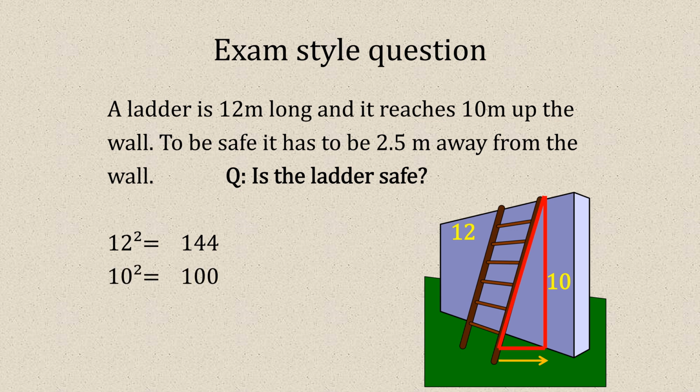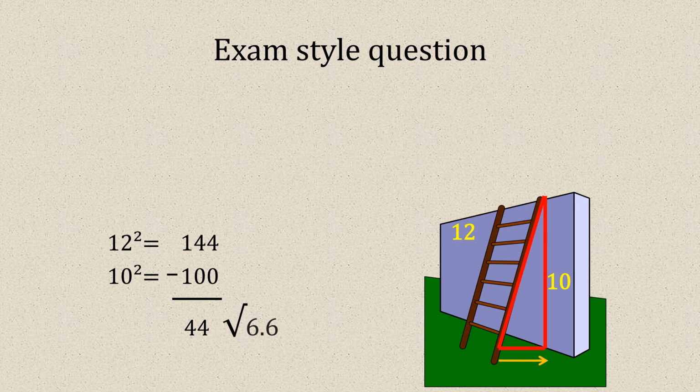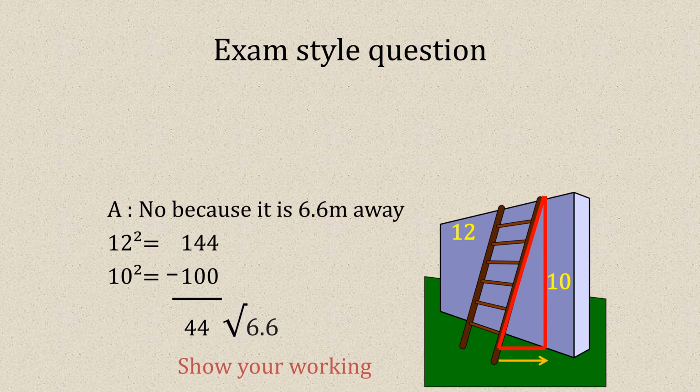A square of 10 gives us 100. So if we subtract that, that leaves us with 44. Square root button, 44, gives us a lovely long answer there, but obviously we're going to round that to 1 decimal place, giving us 6.6 metres. So your answer would be no, it's not safe because it's 6.6 metres away.